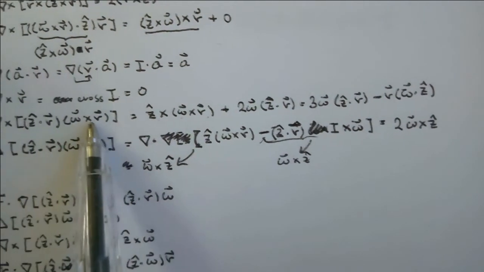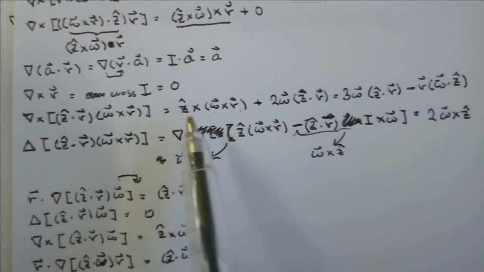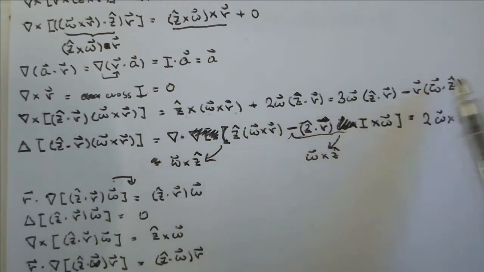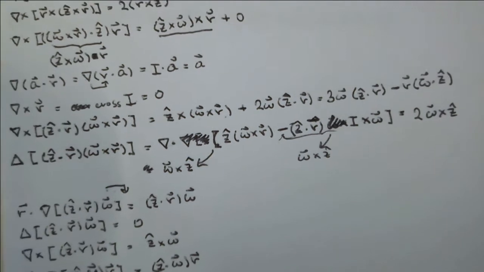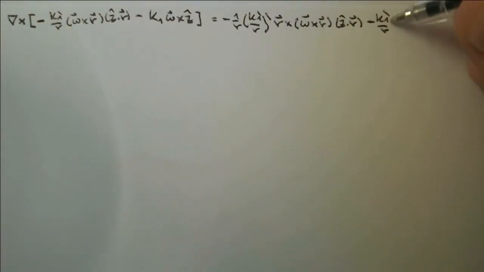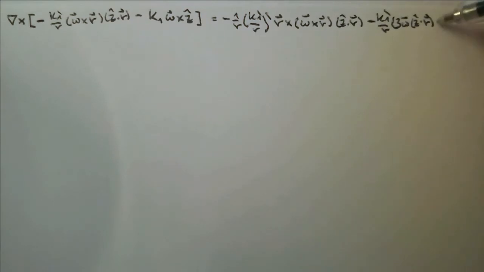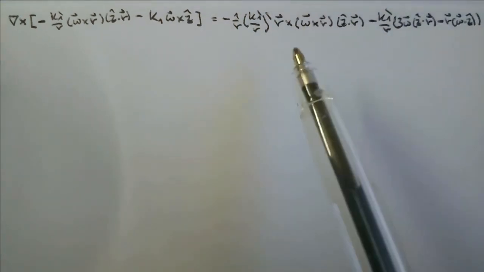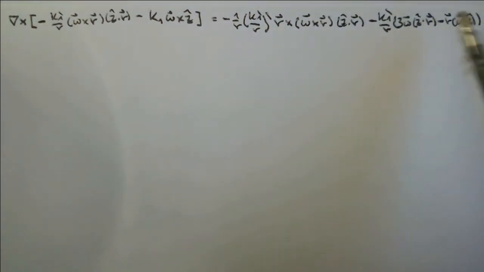This is a curl of this term, and it's 3 times this and this, so it's 3 times omega times z dot r minus r omega dot z, and this is not the last term.